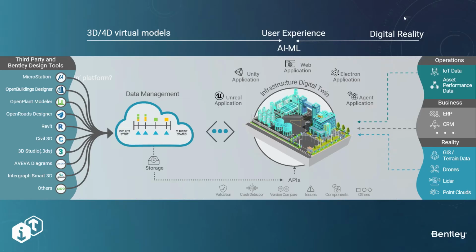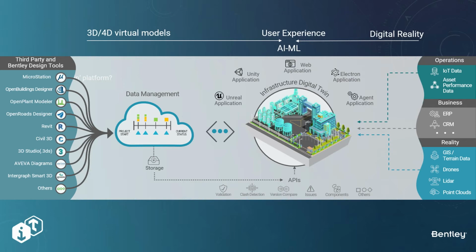Yeah, so what we're talking about here is what we call the iTwin platform. It's really a convergence of two things: what I call 3D, 4D virtual models, three-dimensional models coming from a range of file formats and sources on the one hand, and digital reality on the other. Digital reality is everything you see in that list.